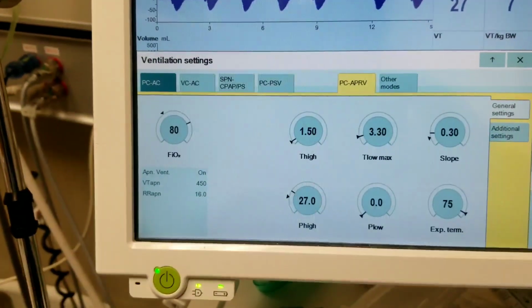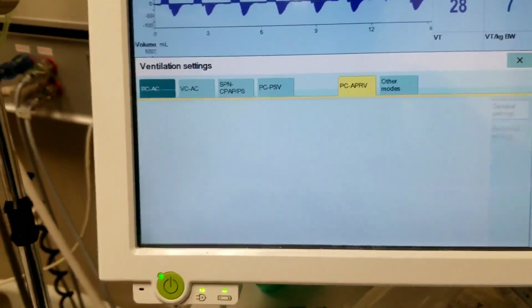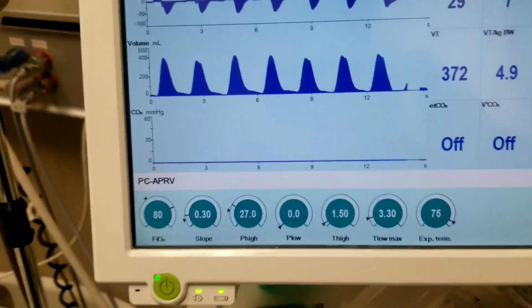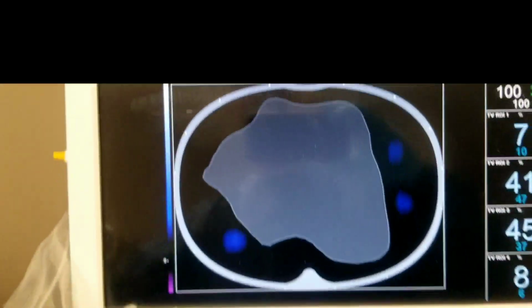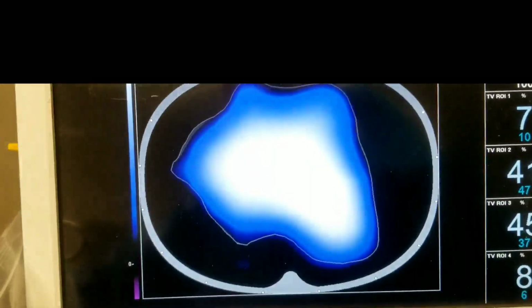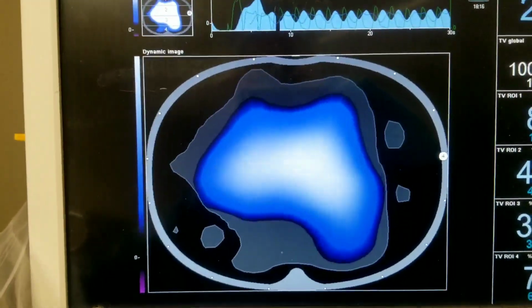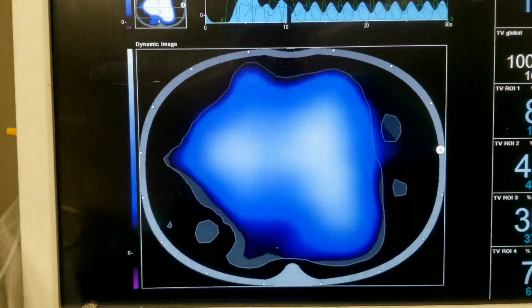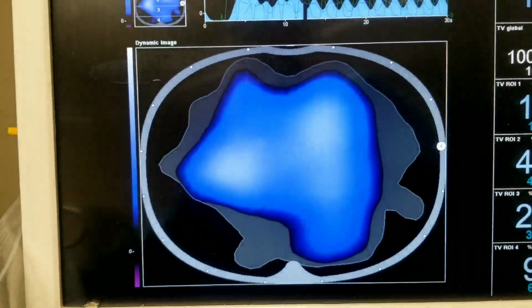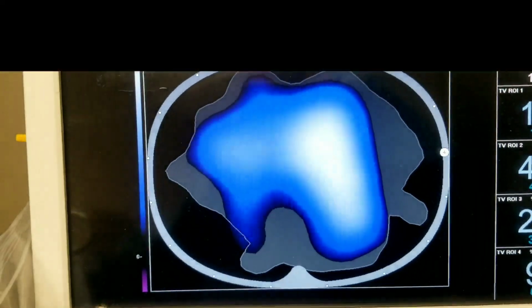Actually, the pressure control was 30 before, so now we have even less. So let's look. We can't deny that APRV is way superior for the protective lung for recruitment.